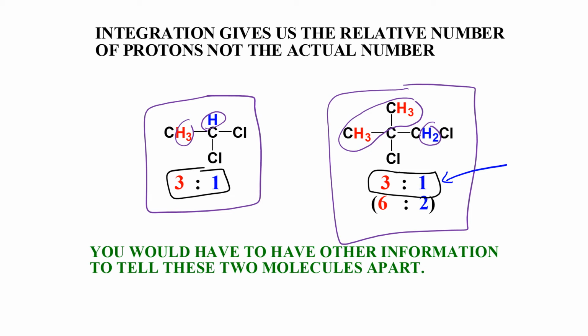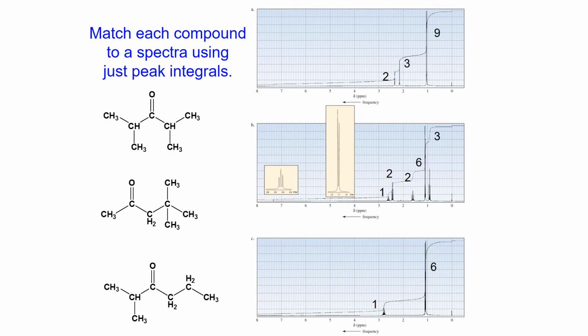And so you often have to use integration values with other pieces of data to make sure that it all makes sense. And in this particular case, you'd have to have something else to be able to tell these two molecules apart. Based on integration values alone, let's see if we can match up the spectra on the right to the structures on the left.